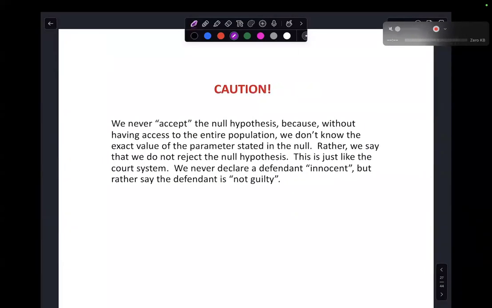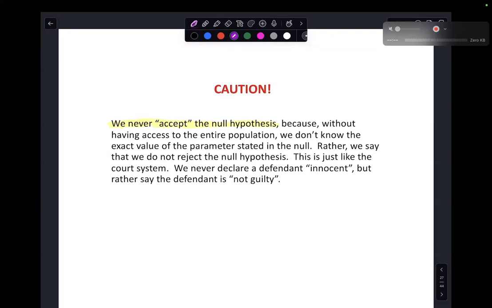Okay, so this is super important, super, super important. We never accept the null hypothesis. I'm even going to highlight this. We don't accept the null hypothesis. We don't have access to the entire population. We don't know if we just happen to get a really good sample or a sample that supports our null hypothesis.